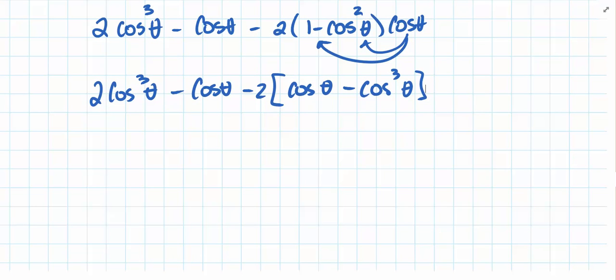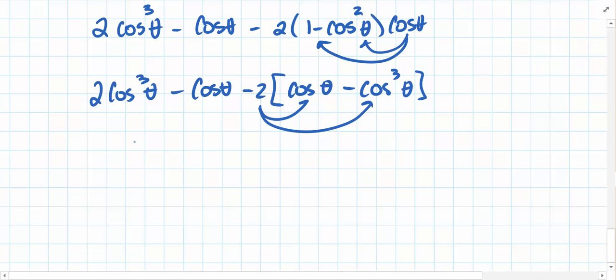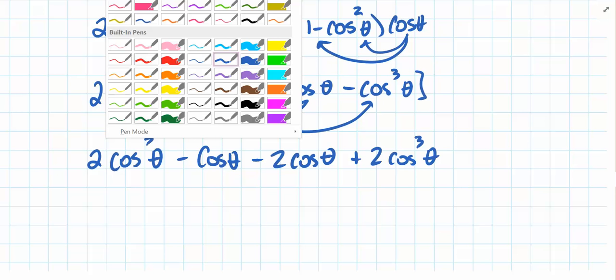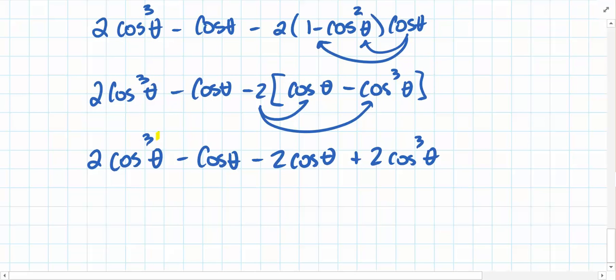So far so good? So this is algebra stuff, right? Then I'm going to distribute my 2 into that one and to that one. And watch what happens. I'm going to have 2 cosine cubed theta minus cosine theta minus 2 cosine theta plus 2 cosine cubed thetas. All right, now everything is in terms of cosine. So check this out. I have 2 cosine cubed thetas there and 2 cosine cubed thetas there.